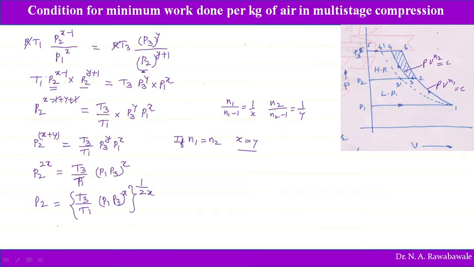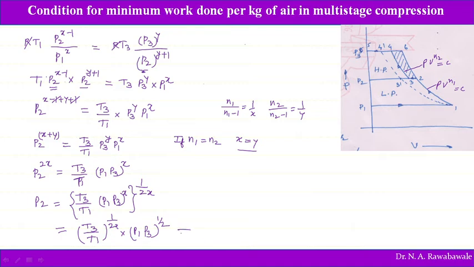Then on further simplification, P2 is equal to T3 divided by T1 to the power of 1 by 2x into P1 P3. This x gets cancelled with this x, power will be 1 by 2.